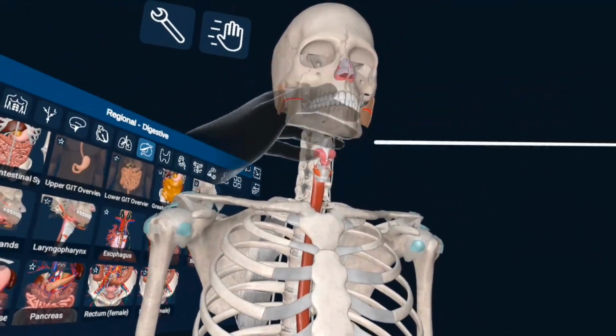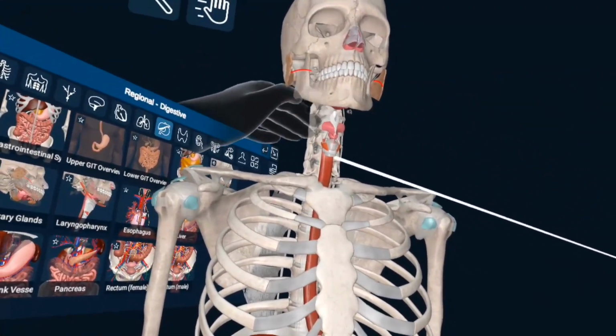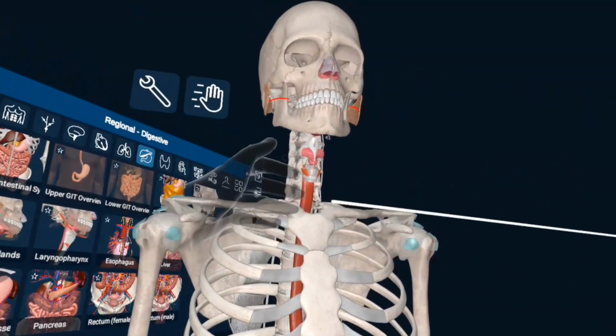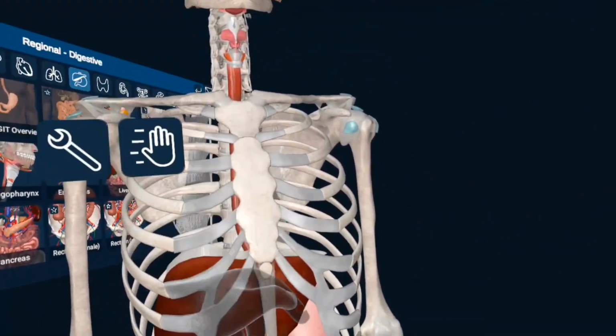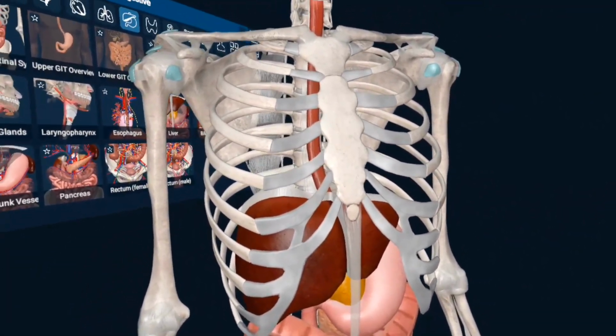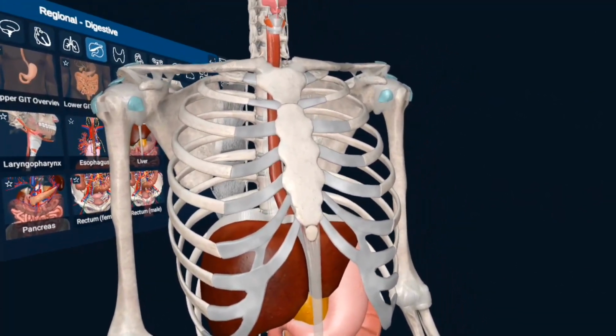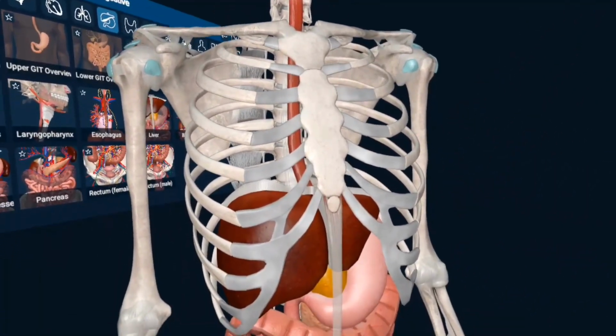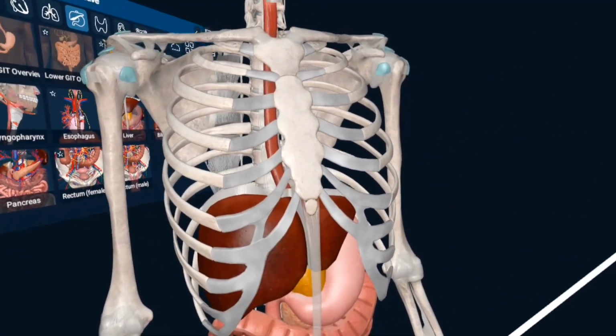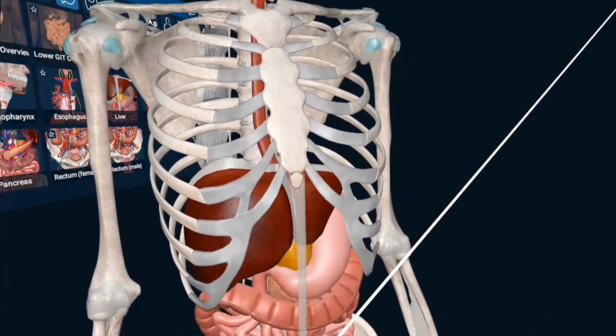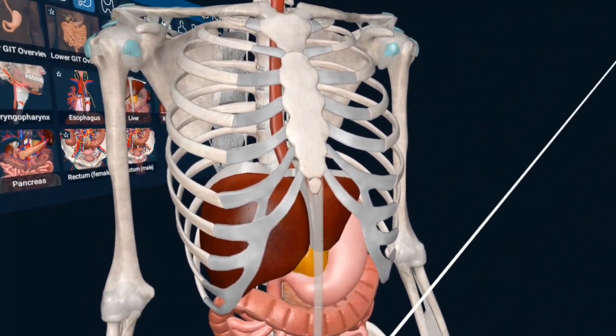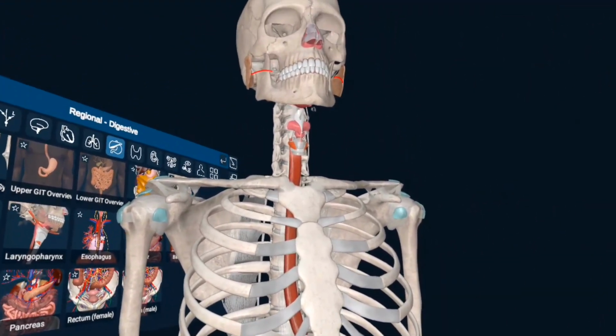After the oral cavity, then the pharynx, we have the esophagus. After the esophagus, we have the stomach. So in general, let's start from the mouth. The mouth is the structure that contains lips, teeth, tongue, hard and soft palate, and salivary glands.